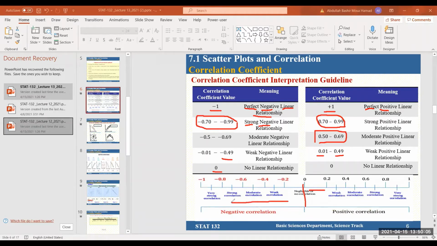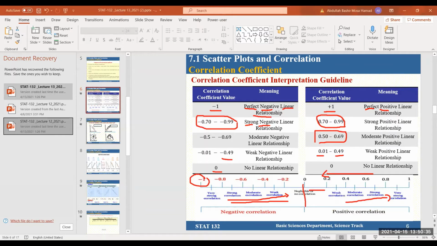If we move closer to minus 1, it becomes stronger. If we move to this side, it becomes weak and negative. Same here: if we move this side, it is strong positive. If close to 0, then it is a weak positive linear relation between these two variables.